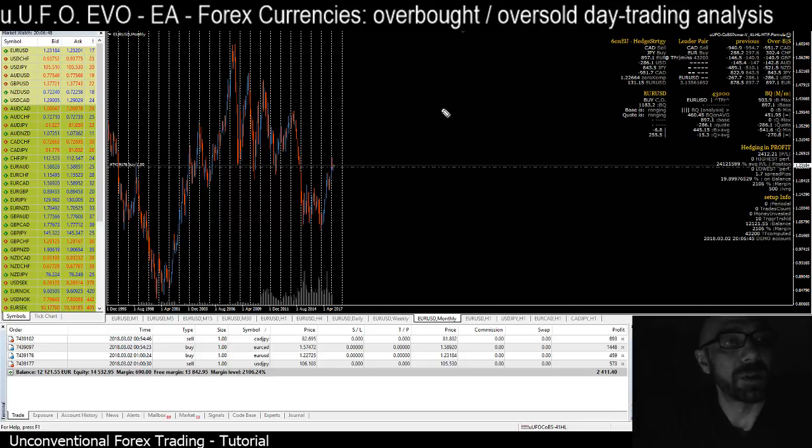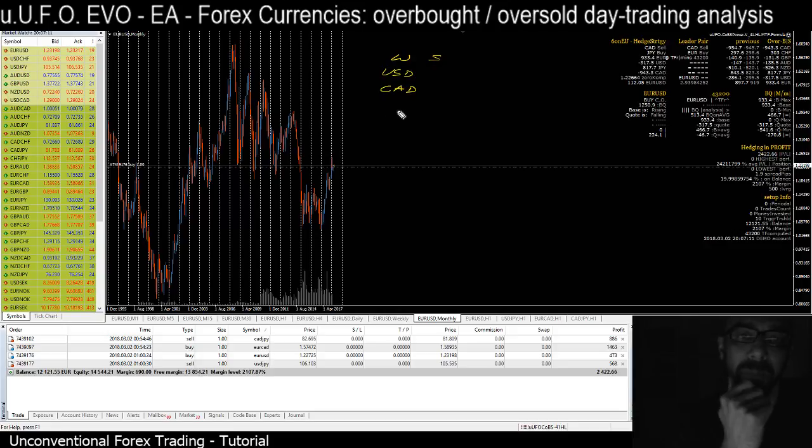Okay, so if we do have to analyze the weakest and the strongest currencies. On the weak side, we got USD and CAD, and as strong currencies, we got Euro and Yen.